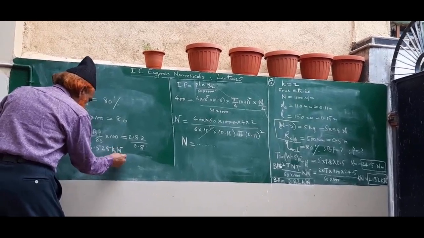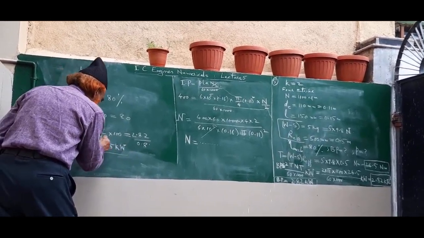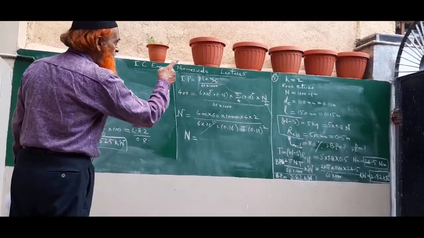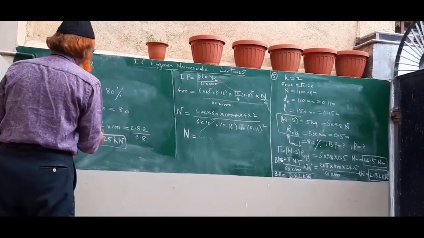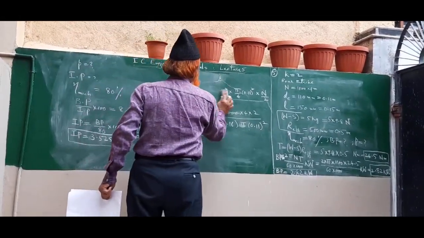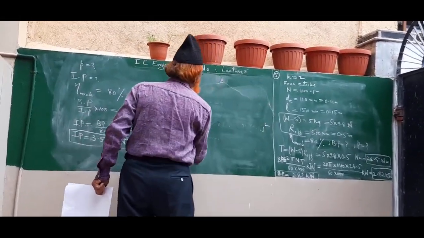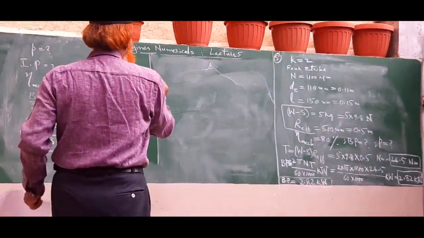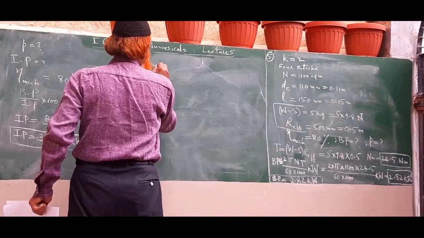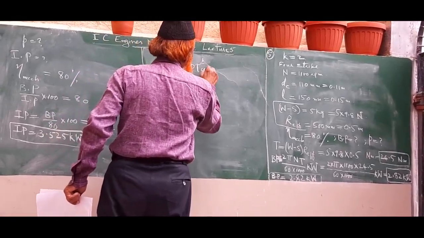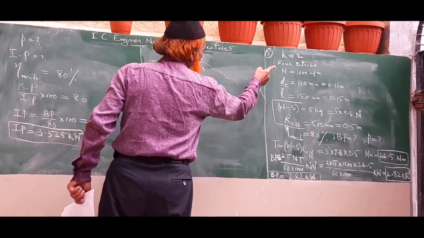Okay. Then once you get IP, put it in the IP formula to get the mean effective pressure. It is a 4-stroke engine, so take down the IP formula now. What is the IP formula? IP is equal to P L A N K divided by 2, for 4 strokes.